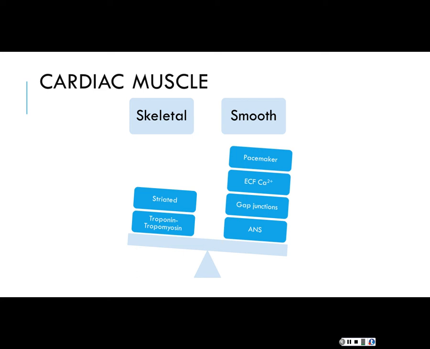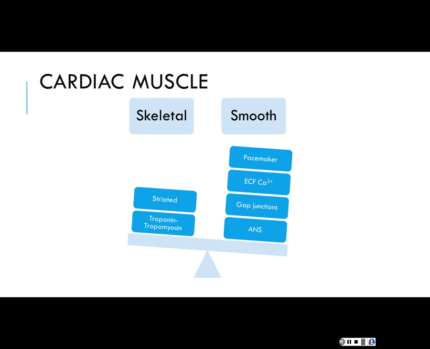The sarcomeres are arranged in the thin and thick filaments, or the light and the dark bands. And your cardiac muscle also is striated. It also has troponin and tropomyosin, and it also has that banding pattern, that striation that's implied. So that's a primary similarity of cardiac muscle to skeletal muscles, that striation.